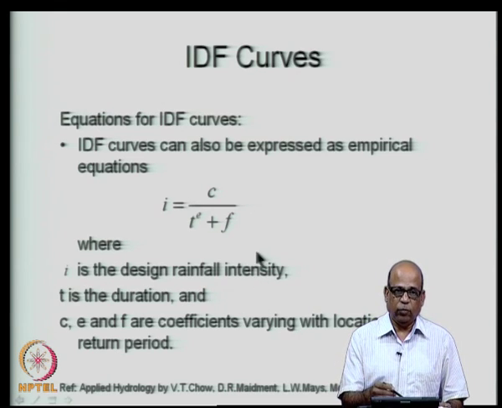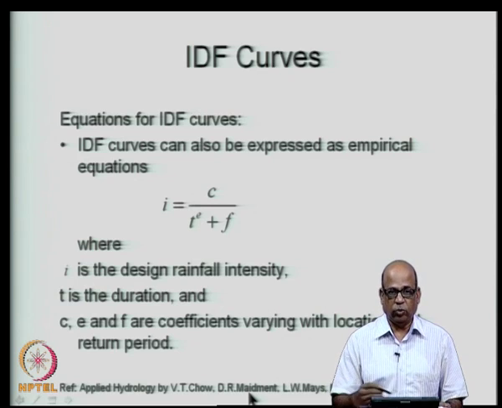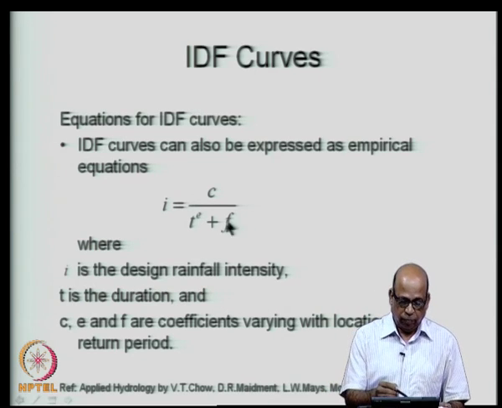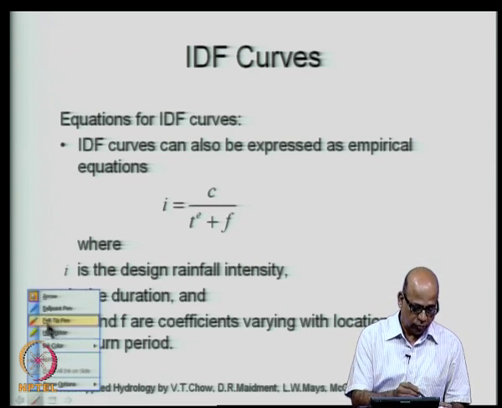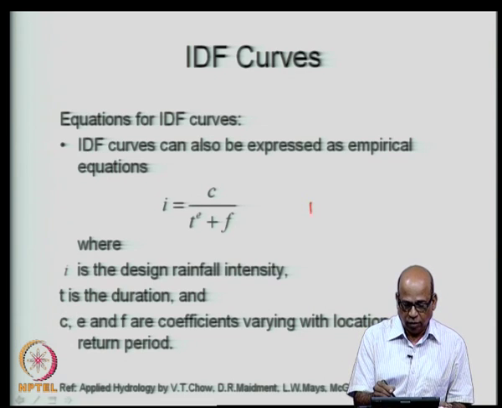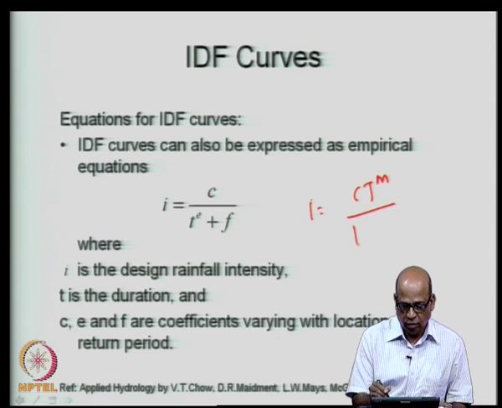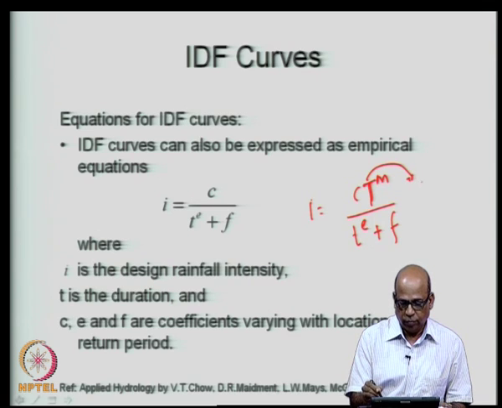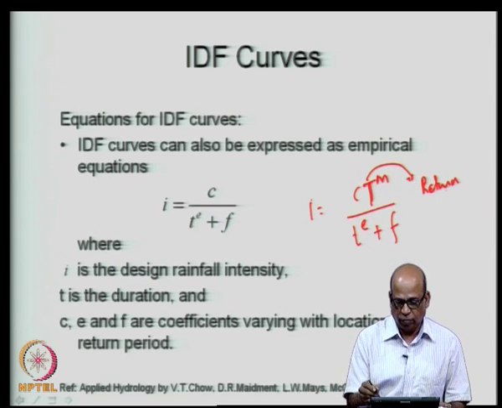Now, there is a modification for this proposed also by Chow and Maidment, where it includes the return period explicitly. For example, it can be written with another constant here, I is equal to C T to the power m by T E plus F. So, you may bring in the return period explicitly here, rather than making the E, M and C functions of return period.